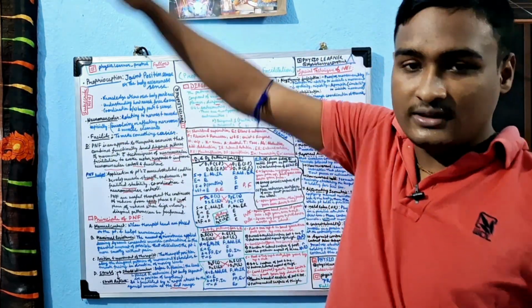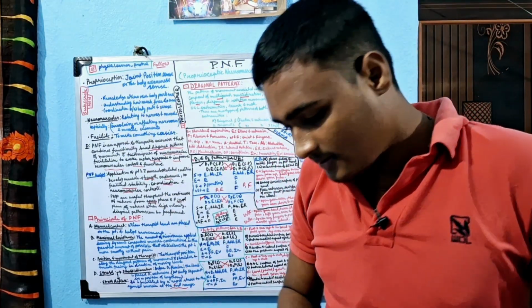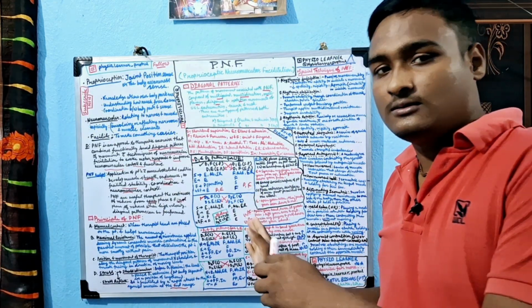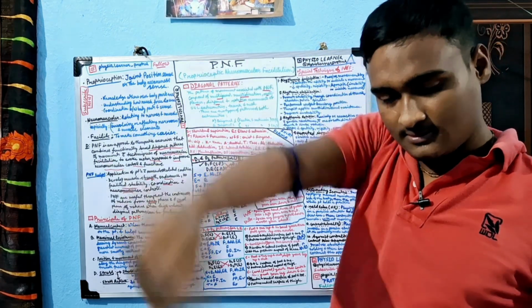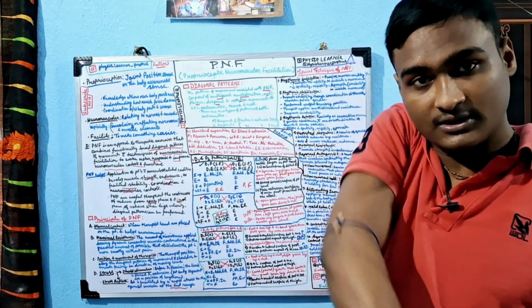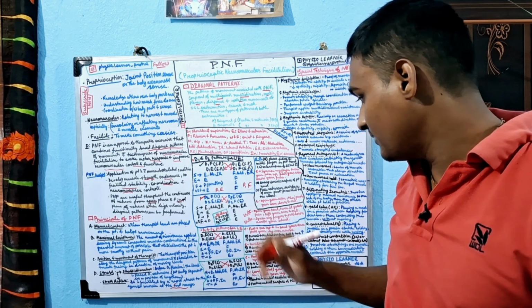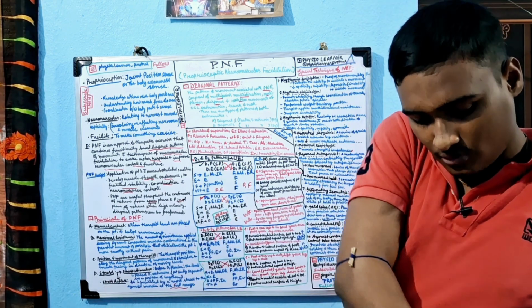This movement is called D2 flexion. And what is D2 extension? This is the opposite movement. What is the command? For D2 flexion: open your hand. Here this is open your hand.